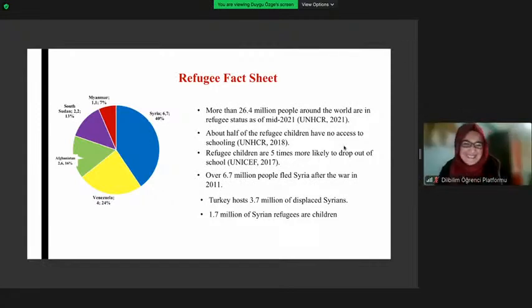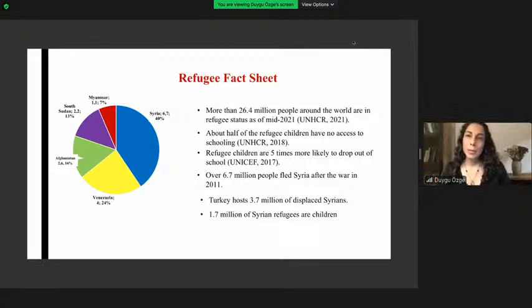Thank you. So let's start by giving some information about what we know about refugees in general. More than 26 million people around the world are refugees, and this number continues to increase every month, even in Turkey and of course across the globe.